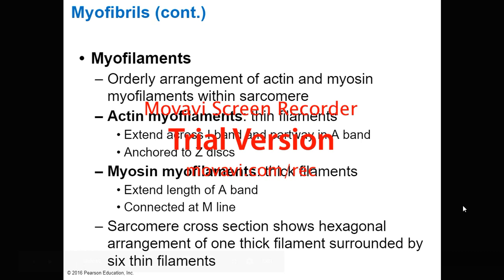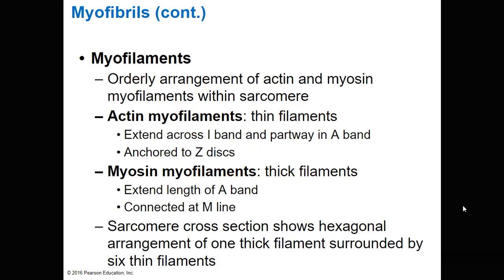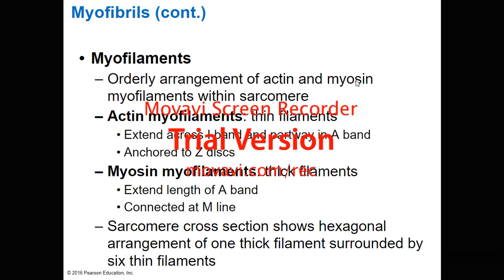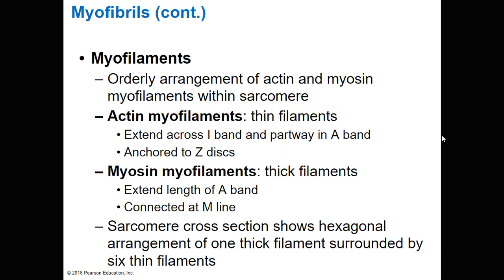So again, the myofilaments are orderly arrangements of actin and myosin. Actin is found in the thin filaments, and myosin is found in the thick filaments. The actin myofilaments, the thin filaments, extend, remember from the diagram we just saw, all the way across the I band.